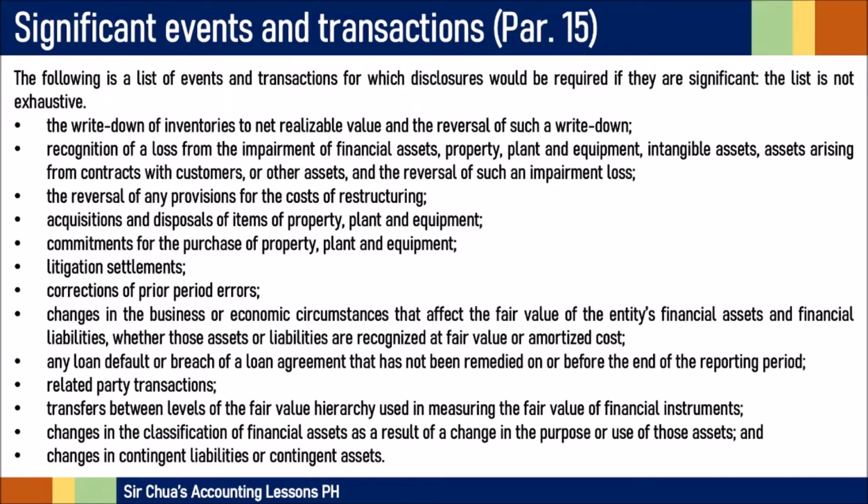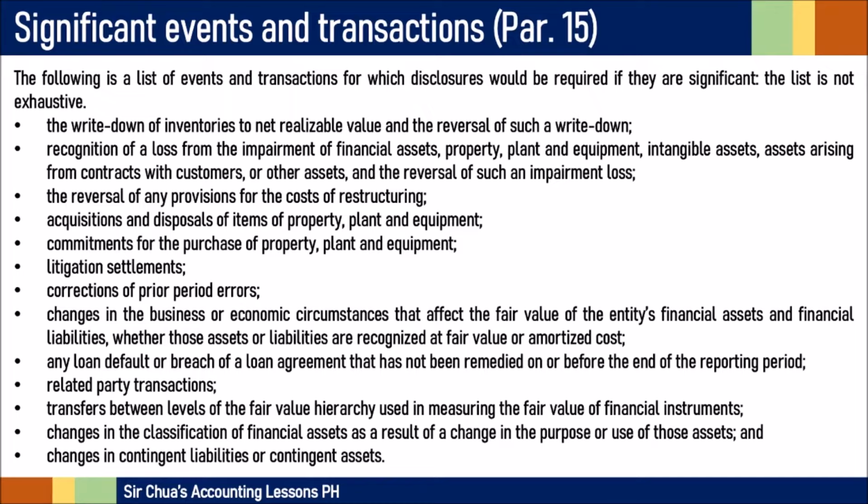And then, reversal of any provisions for the cost of restructuring, acquisitions and disposals of items of PPE, commitments for the purchase of PPE, settlements of litigations, corrections of prior period errors, changes in the business or economic circumstances that affect the fair value of the entity's financial assets and financial liabilities, whether those assets or liabilities are recognized at fair value or amortized cost.